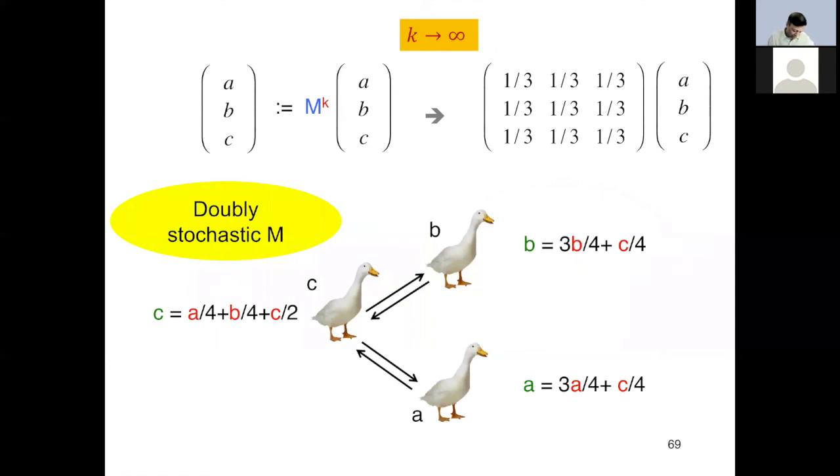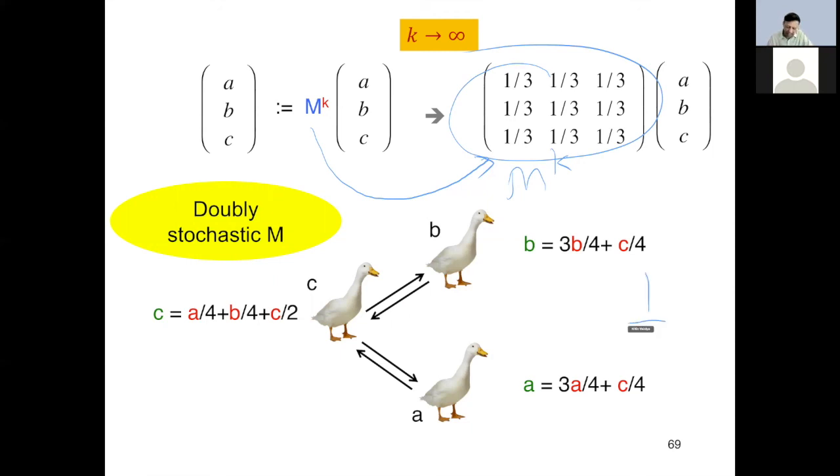So what's happening is that this power of M, the kth power, as you increase k from 0 to 1 to 2 to 3, then M to the kth power will approach this matrix. It will get closer and closer to this uniform matrix, where each element is 1/3.